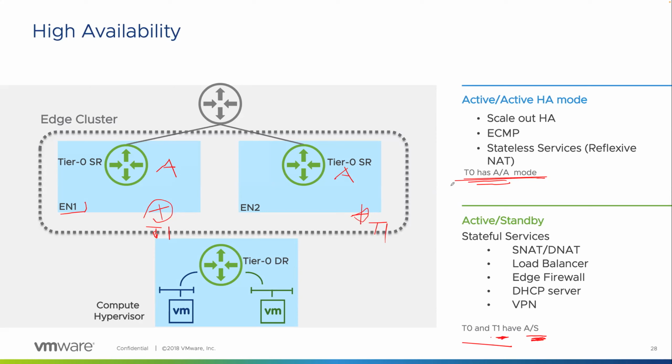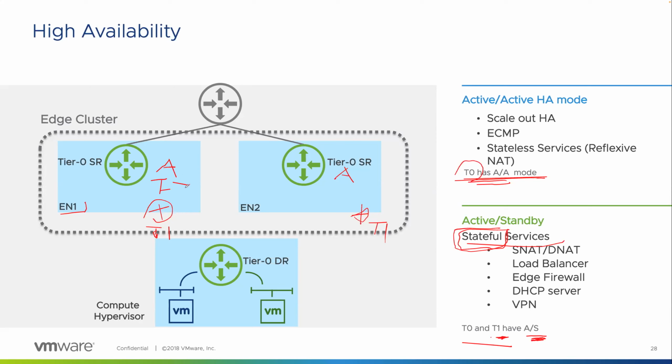When we look at tier 0, if you put them in the AA mode, or active mode, there's something I want to mention: there might be asymmetric routing. That means we have to manually maintain the stateful table, manually maintain the states. For example, a stateful service such as a firewall has a session table.